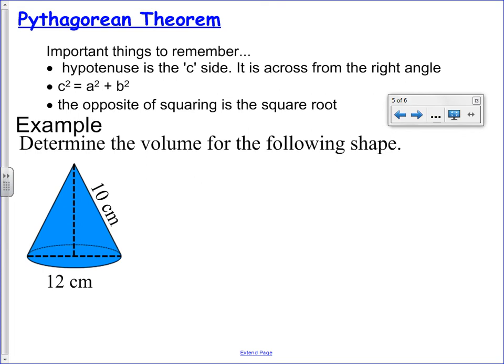It says here, determine the volume for the following shape. Okay, Andrew, what is the formula that I will use for the volume of that shape? What's the formula for the volume of that shape?